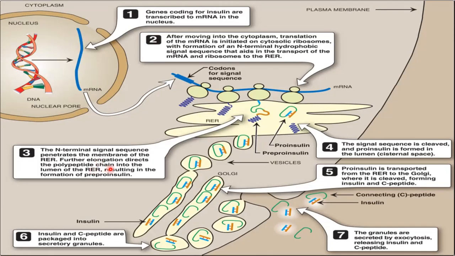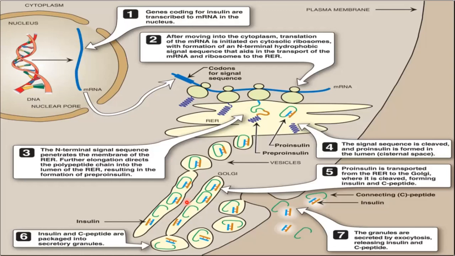The elongation of the polypeptide chain is directed into the lumen of the rough endoplasmic reticulum and will form pre-proinsulin. Then the N-terminal signal sequence is cleaved within the lumen of the rough endoplasmic reticulum to form proinsulin, which is packed into vesicles and transported to the Golgi apparatus.